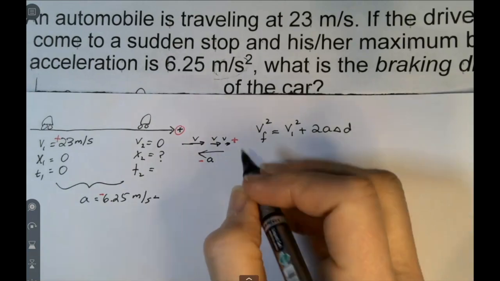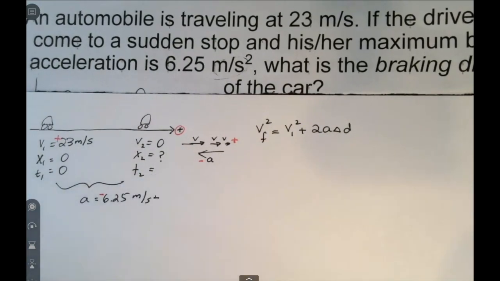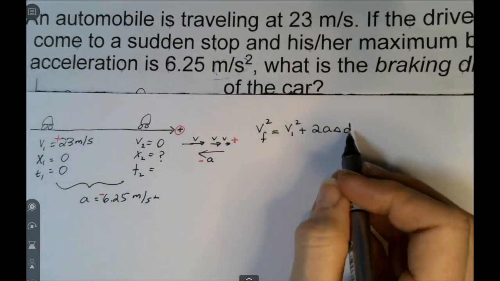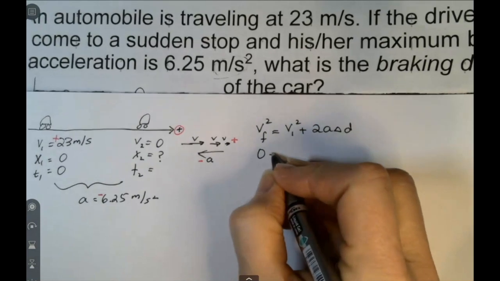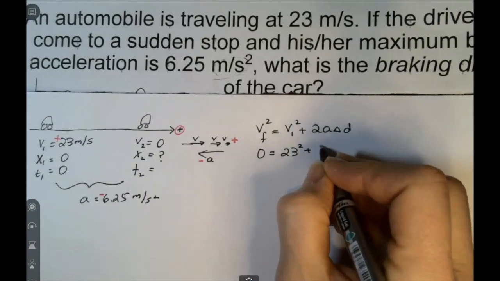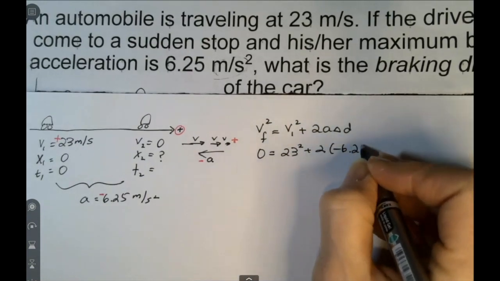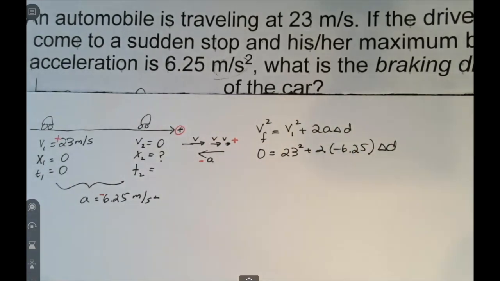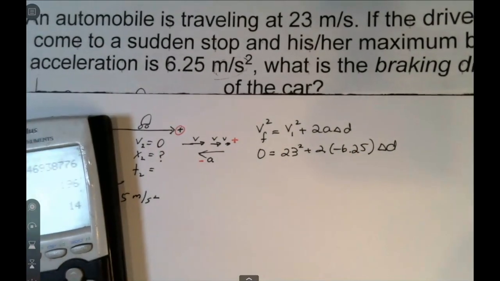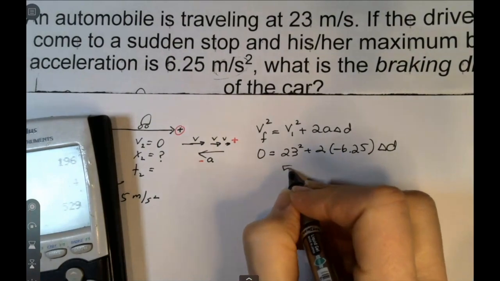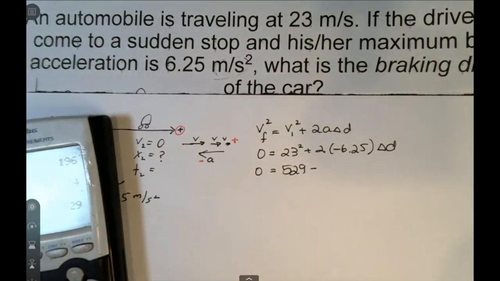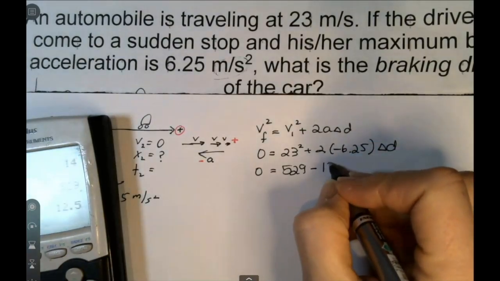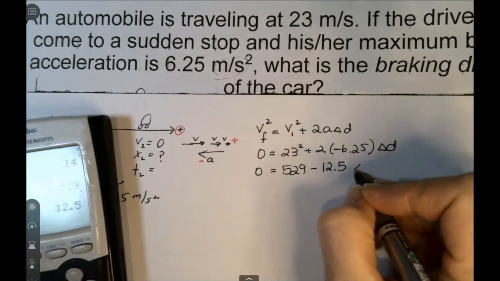How do I know? Well, I have everything except for time. This is the equation. If you go back to the chart, it's the only one of the four that doesn't have time. So this is 0, this is 23, this is negative 6.25, and I can solve for distance. So 23 squared is 529. 6.25 times 2 is negative 12.5.